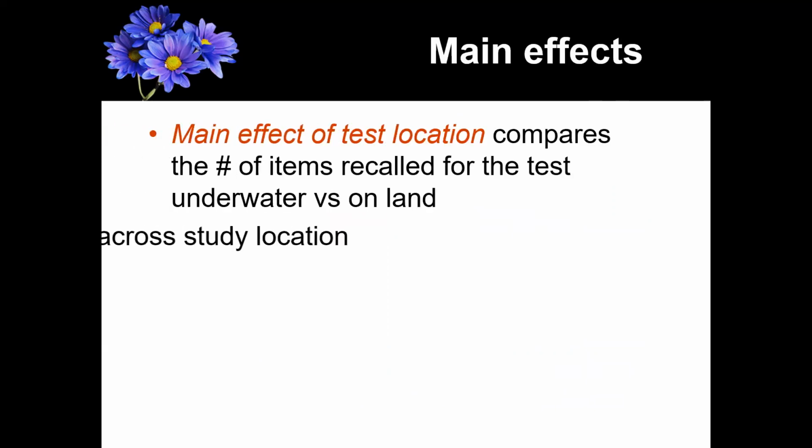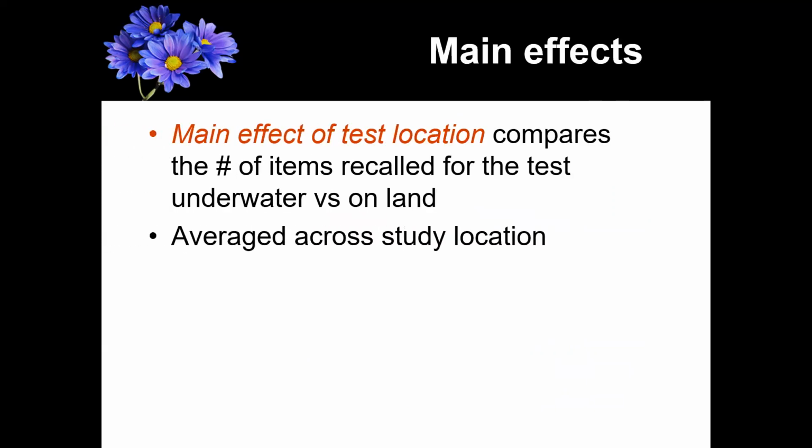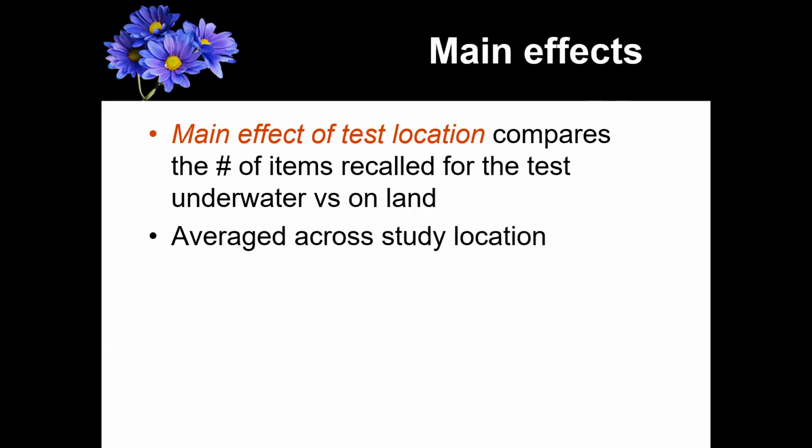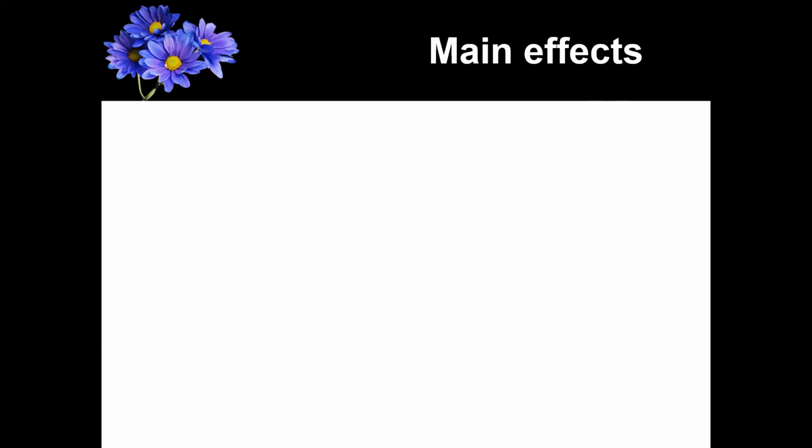Again, main effect of test location, you would be comparing the number of items recalled, the test being underwater versus on land, but averaged across study location. So this example we've been looking at so far is only showing main effects.